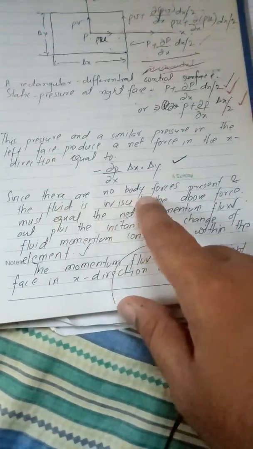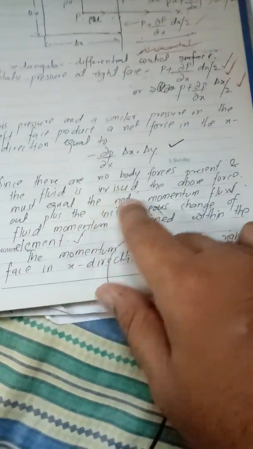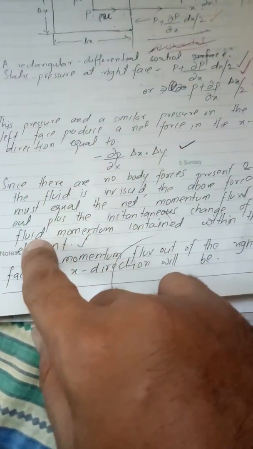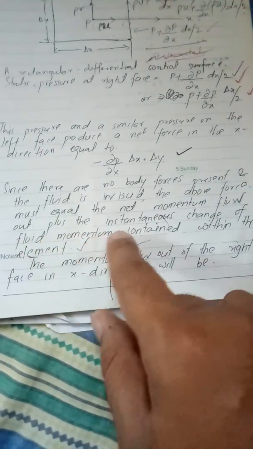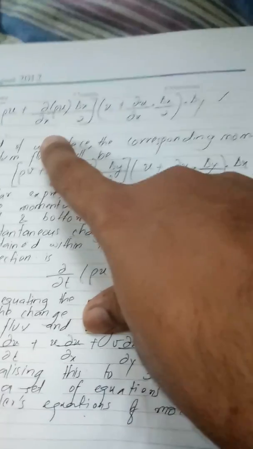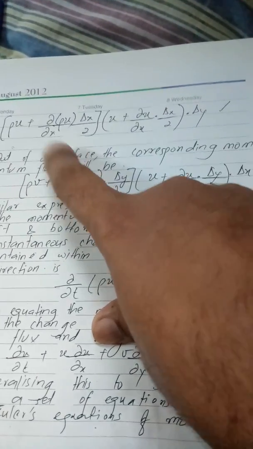Since there are no body forces present and the fluid is inviscid, the above force must equal the net momentum flux out plus the instantaneous change of fluid momentum contained within the element. The momentum flux out of the right face in the x direction would be this one. We're going to show it with the help of this equation.